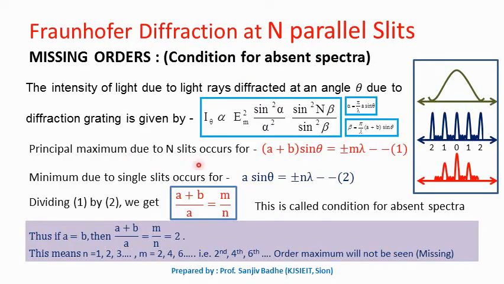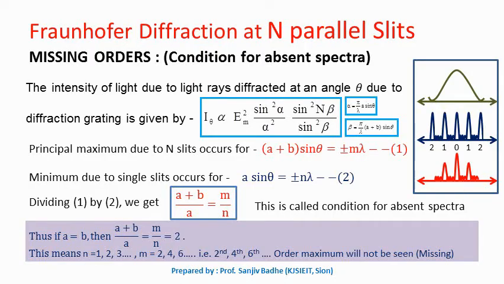In order to find the condition for absent spectra, we can write the condition for principal maximum, which is (a plus b) sin theta equal to plus or minus m lambda, due to N number of slits, and the condition for minimum due to single slit is a sin theta equal to plus or minus n lambda. Now if these two conditions coincide, that means for these two conditions the value of theta is the same, then the particular order of maximum will not be seen in the diffraction pattern.